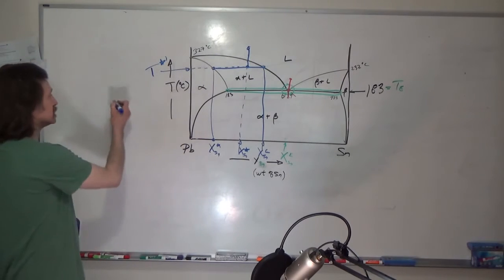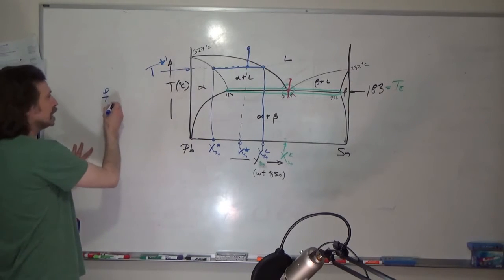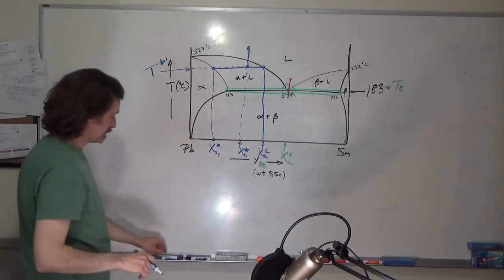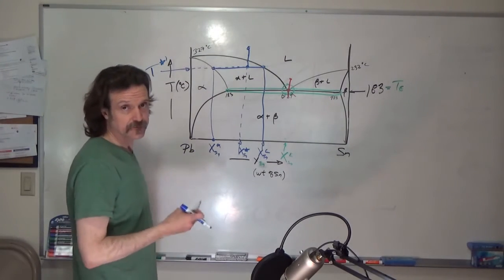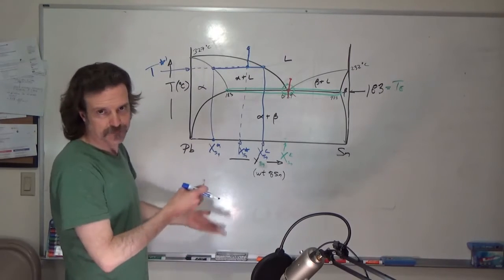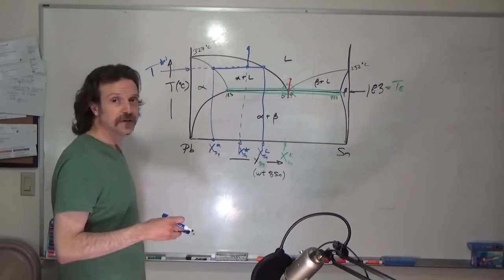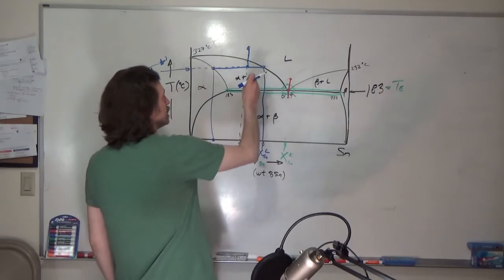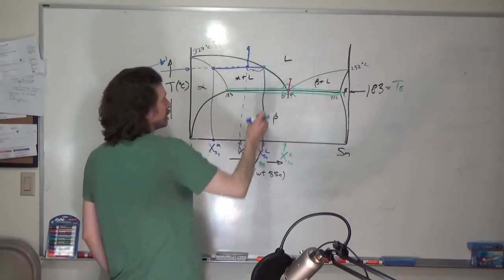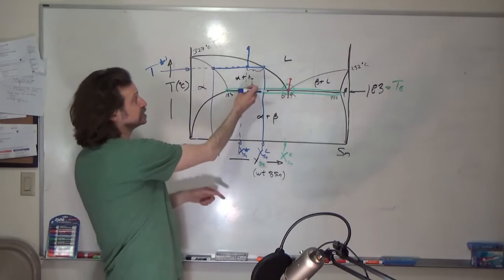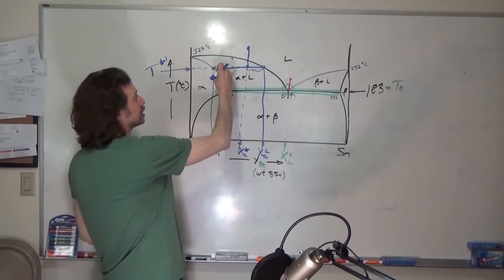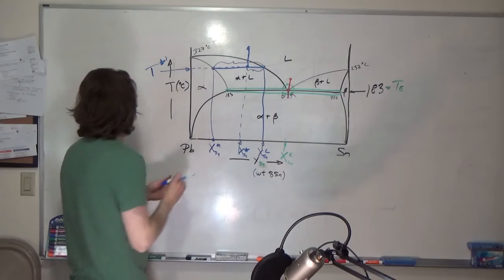So the fraction of alpha is defined using the inverse lever rule or common sense, whichever one you feel like employing that day, as this distance, the distance away from the alpha, divided by the total length.